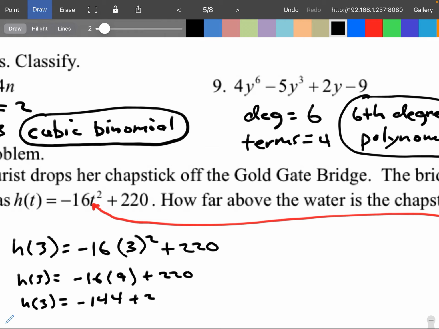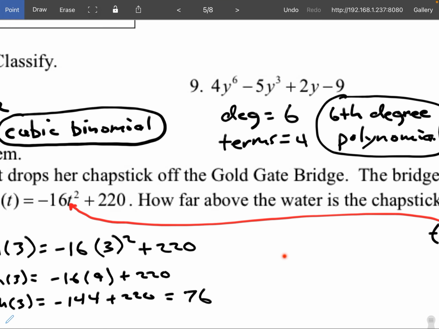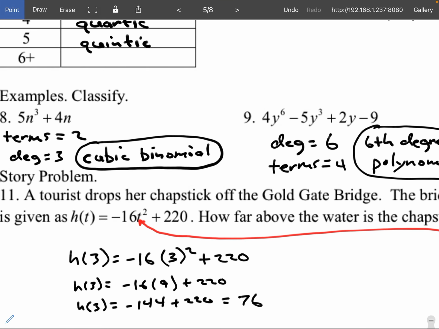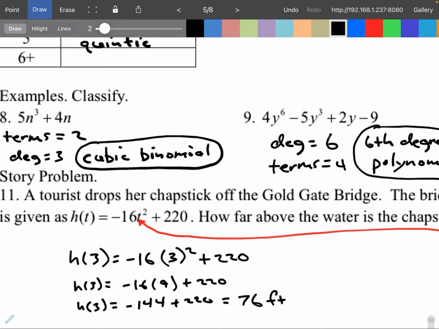That's negative 144 plus 220, which would equal, I think, 76. And the height in this problem was given in feet. So the answer would be 76 feet. So after 3 seconds, the chapstick is 76 feet above the water.